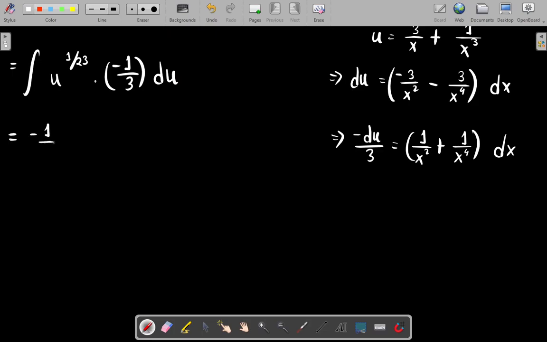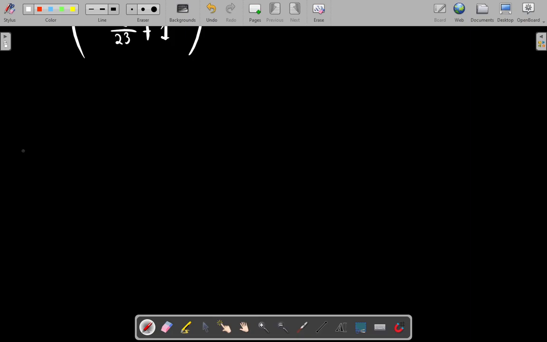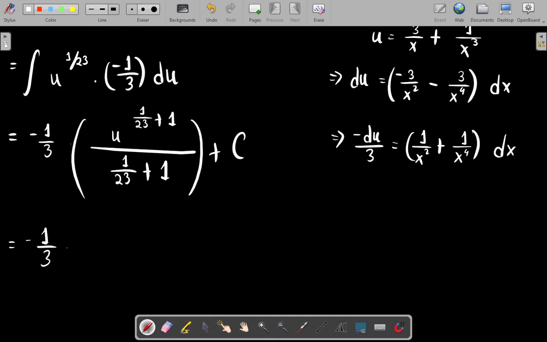Okay, so I'm taking the constant out, and this is just x to the power n dx, right? So this will just become u raised to the power 1 by 23 plus 1 divided by 1 by 23 plus 1, plus c. So this just becomes 1 by 3 times, this will become 1 plus 23, so u to the power 24 by 23, I believe, right?